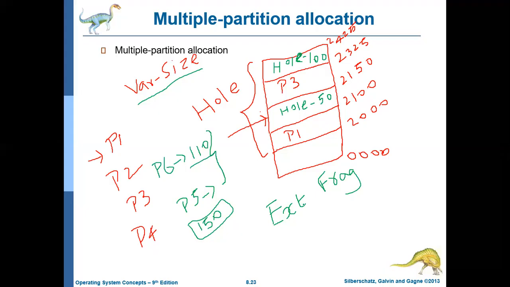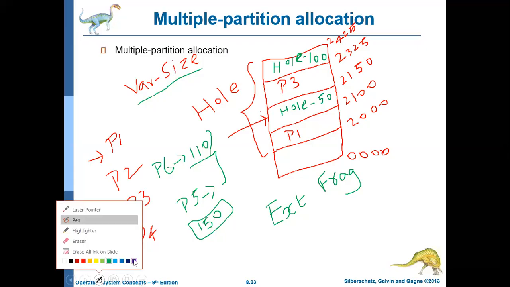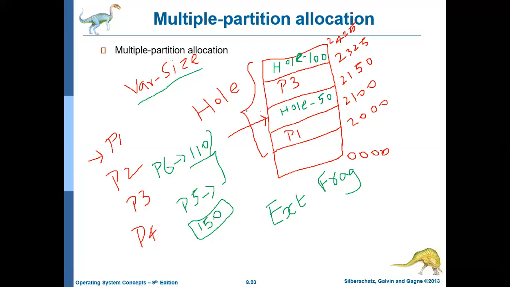Okay, fine. So there is one way to eliminate external fragmentation. There is a technique called compaction. By using the technique of compaction, the problem of external fragmentation can be overcome.